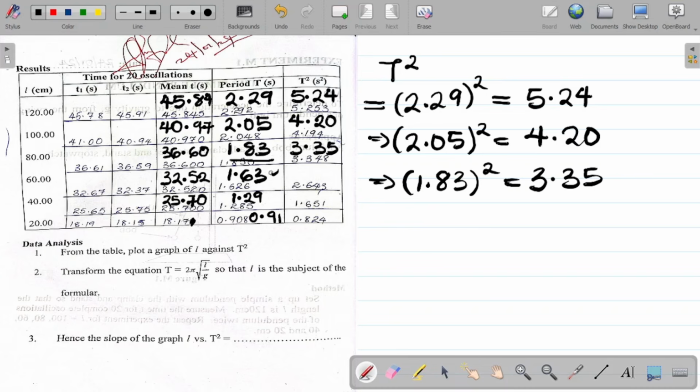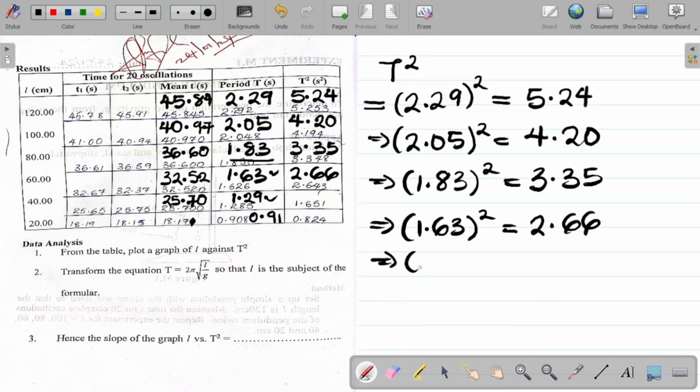Next up, I have 1.63 all squared, that's about 2.66. So I have here 2.66.